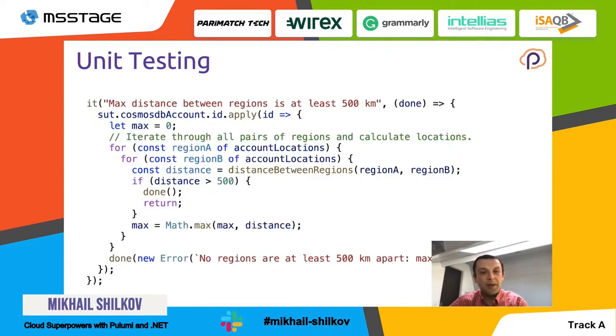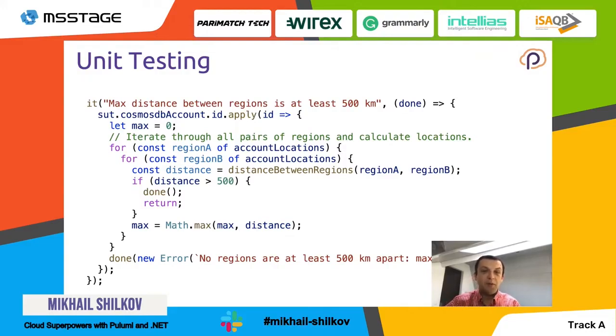Another more complicated example, I found it in our examples, so it's in TypeScript, but doesn't matter, you can also do it in C# if you want. It sort of validates the Cosmos DB account that is deployed on multiple regions. And it validates that first there are multiple regions, but also that the distance between two regions is at least 500 kilometers, because maybe that's required by your organization in order to provide proper disaster recovery protection.